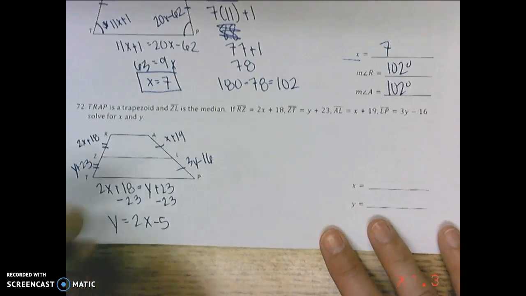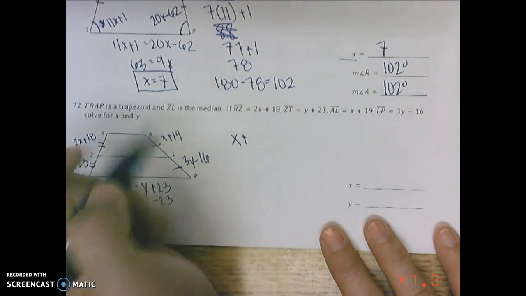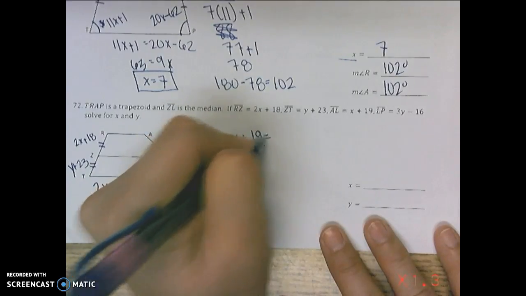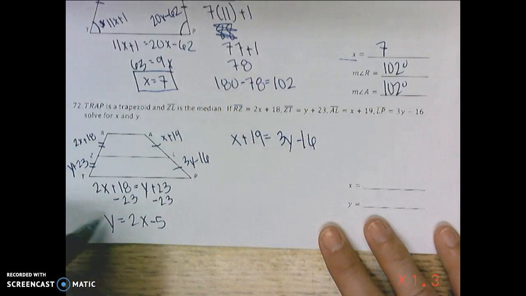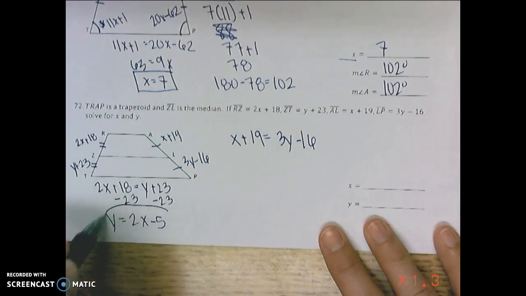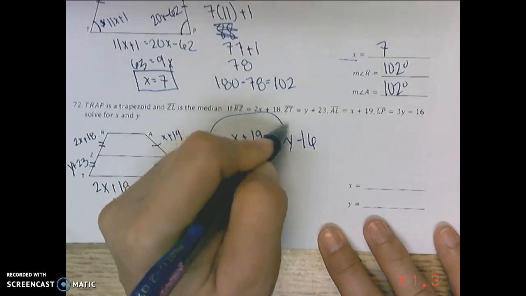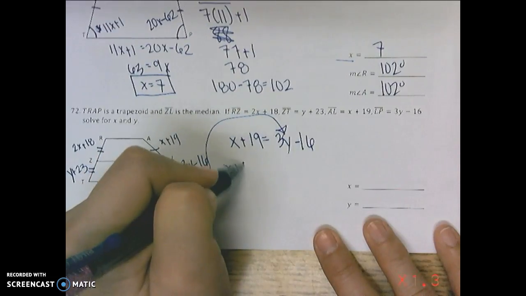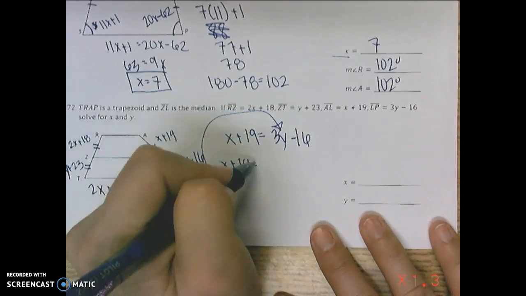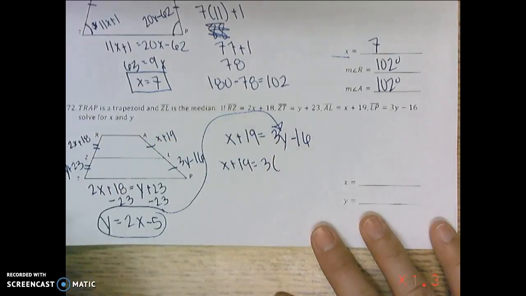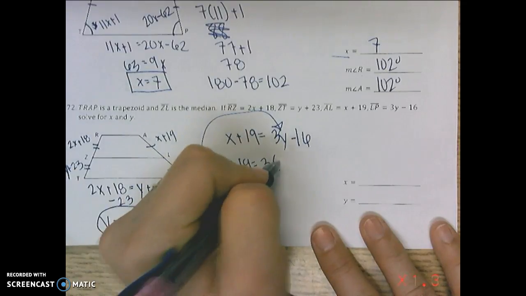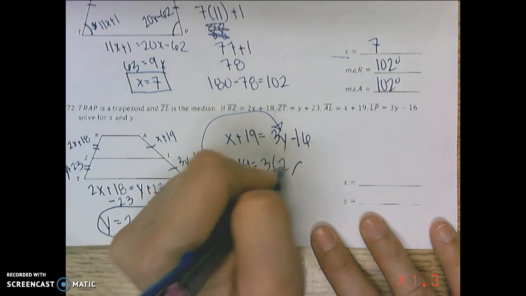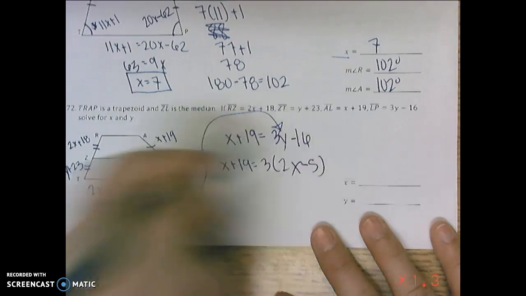And I'm going to set these equal to each other. X plus 19 equals 3y minus 16. Remember, y equals this. I will plug it in. X plus 19 equals 3 times 2x minus 5.